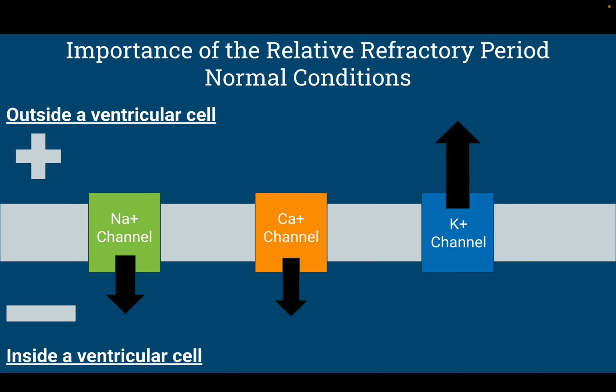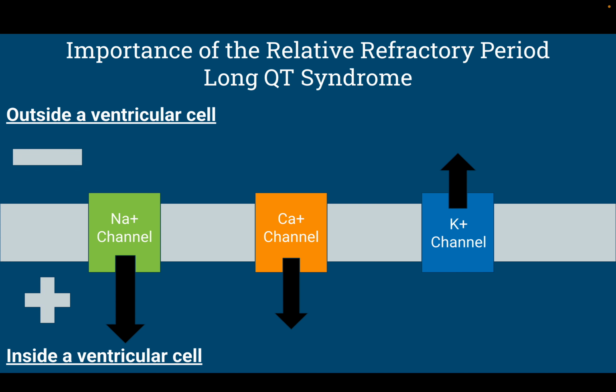so it can get ready to fire again. In prolonged QT syndrome, whether it's through a genetic mutation, medication, or some sort of hereditary disease, either your potassium channel does not function as properly, or your sodium or calcium channels gain function. So you either have a loss of function with your potassium or a gain of function with your sodium and calcium.